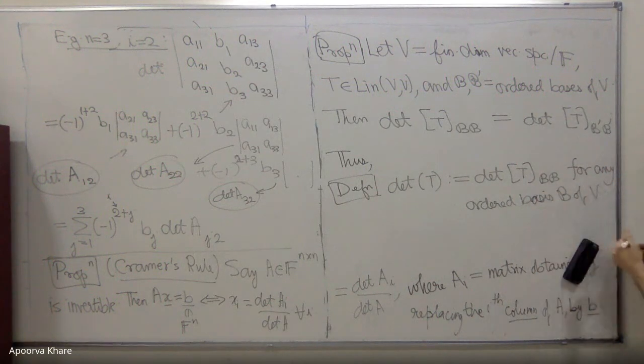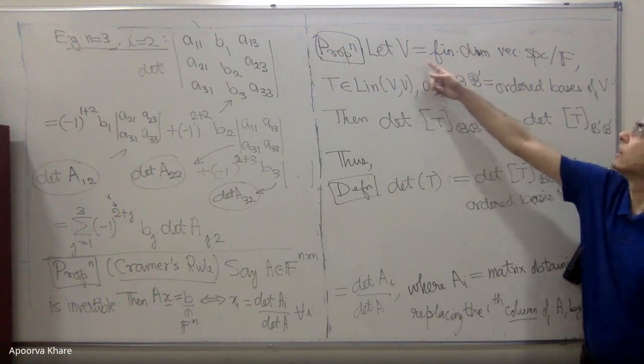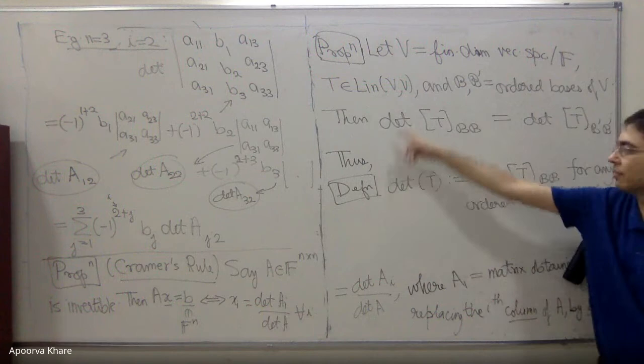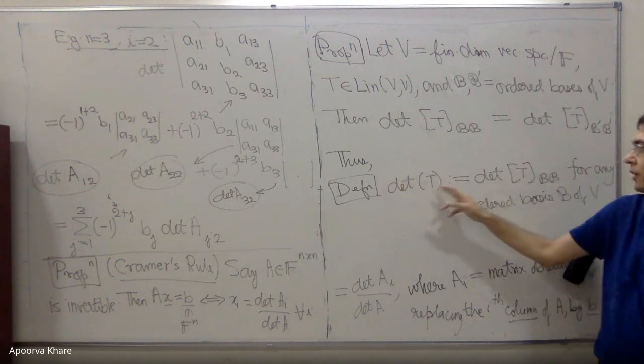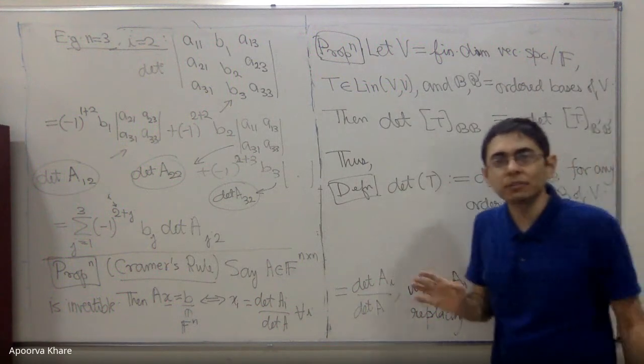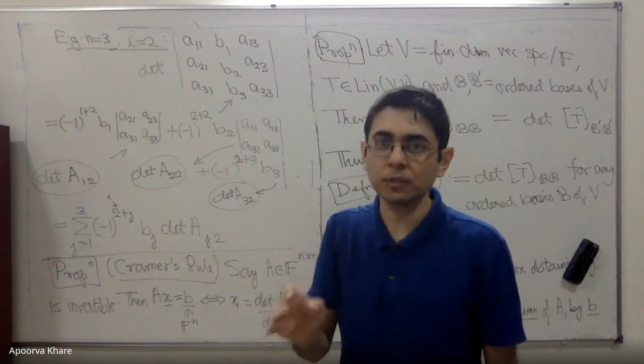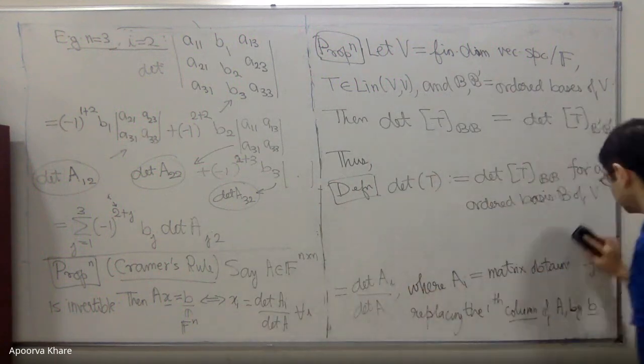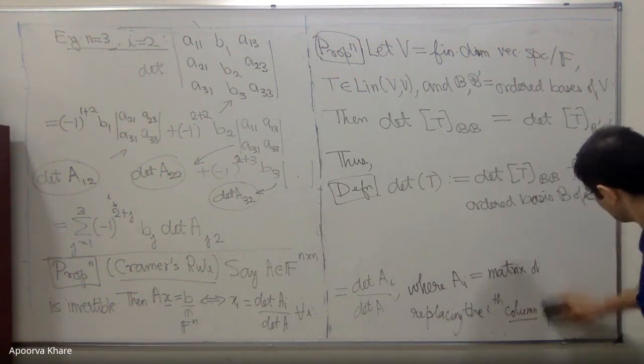Again, I'm not writing down all the same things again, but V is a finite dimensional vector space and T is in L(V). Then with that notation, the determinant of T makes sense. Of course, it doesn't make sense if V is an infinite dimensional vector space. I'm not looking at the determinant of T in that case.